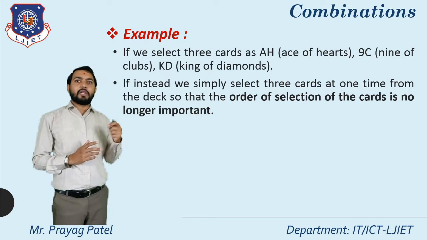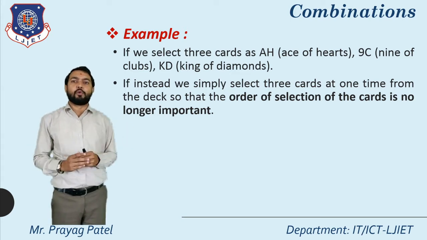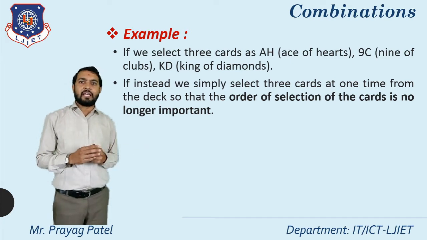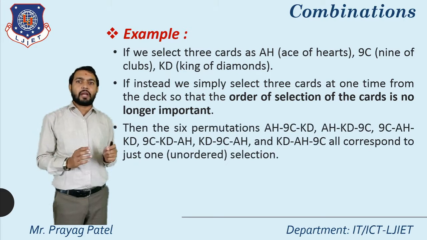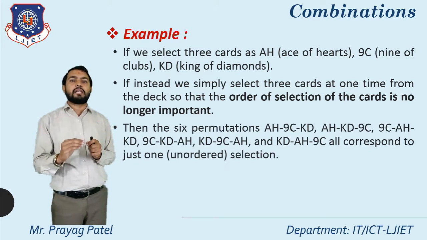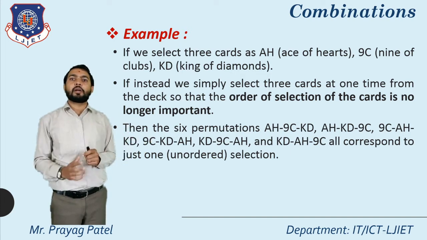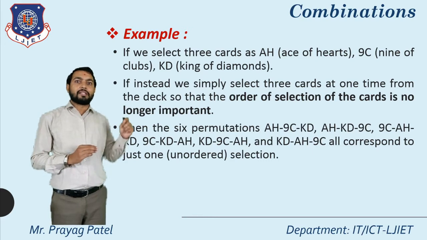If instead we simply select the 3 cards at one time from the available deck, then the order of selection of the cards is no longer important, because here we select first AH, second 9C and third KD. If we change this sequence, it does not matter, because we only have to select the 3 cards. The sequence does not matter. That's why we can say that it is a combination, not a permutation.